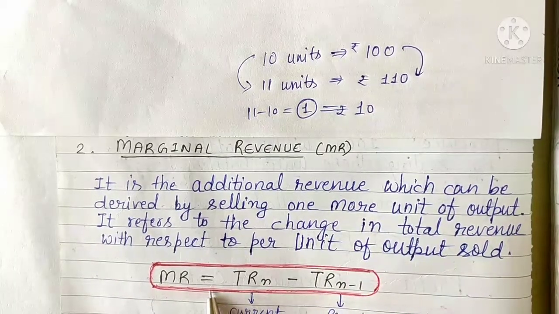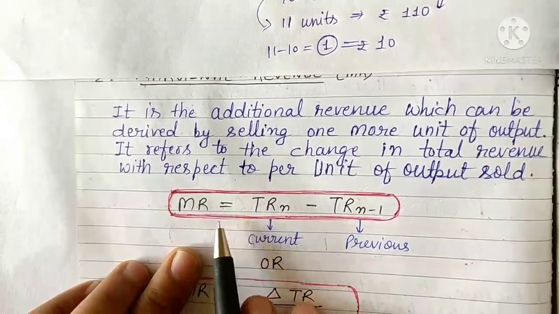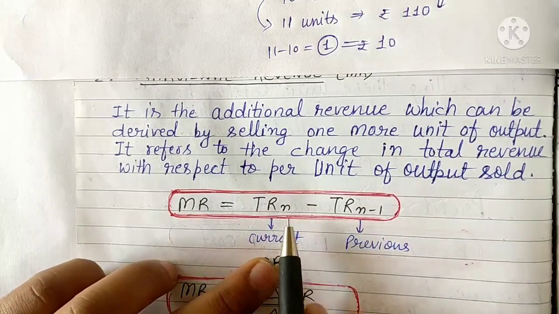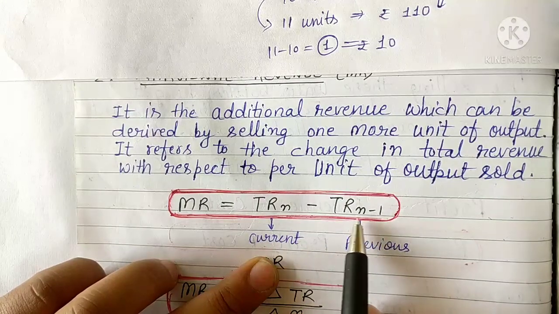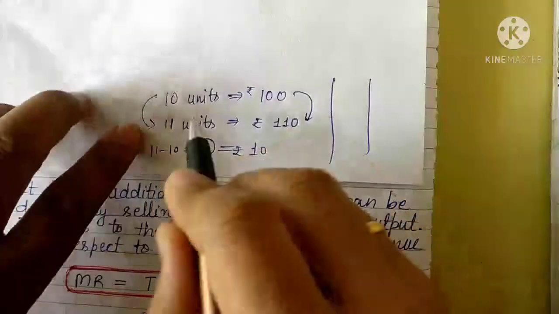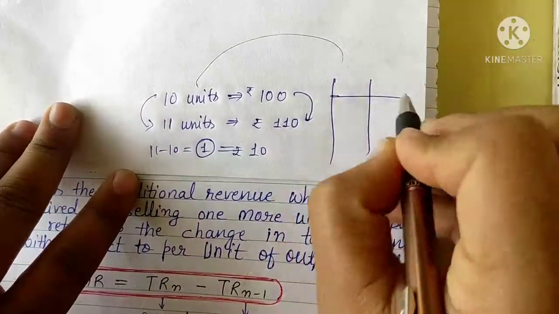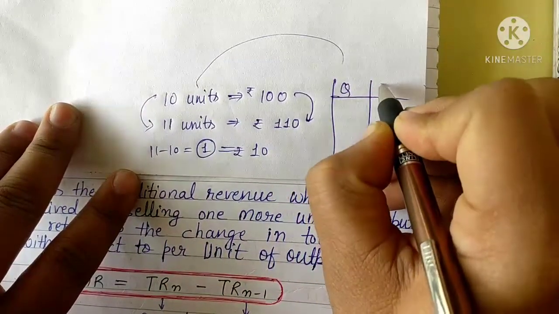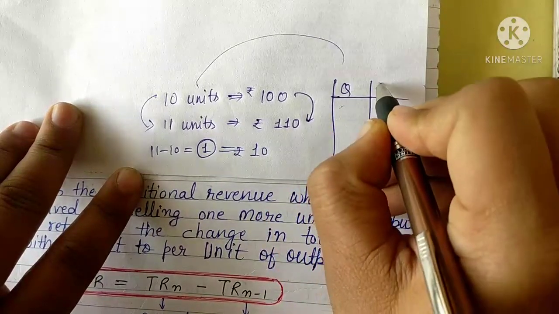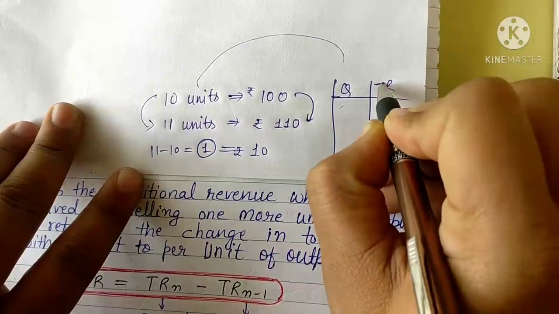As you can see here, how can we find MR? The MR formula is TRn minus TRn-1. TRn means the current unit, TRn-1 the previous. This thing I am writing here in a table: quantity, units, price, total revenue TR.